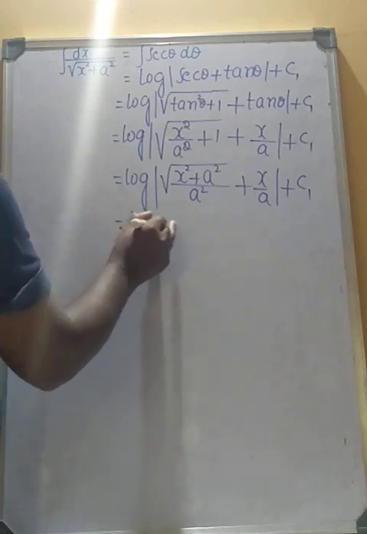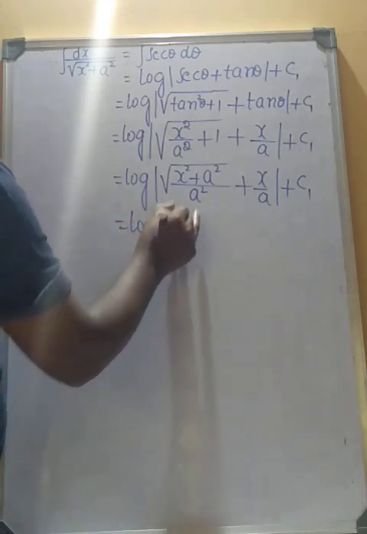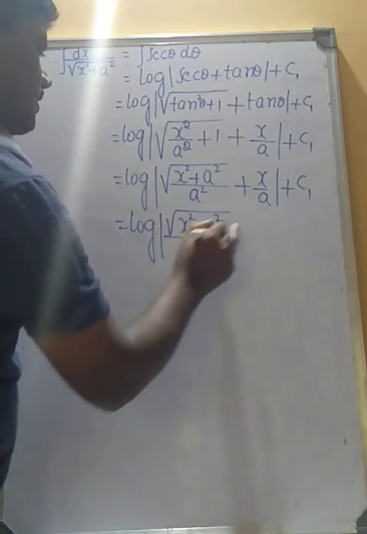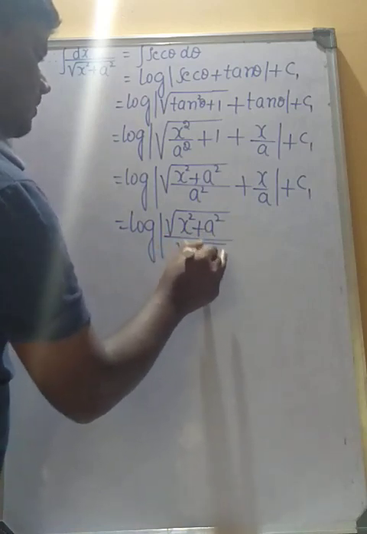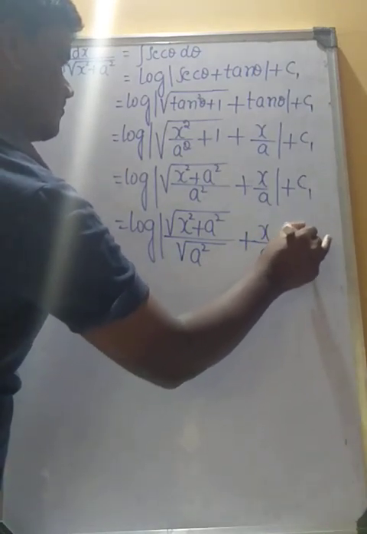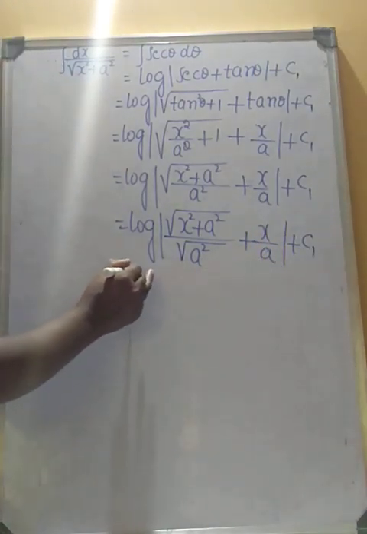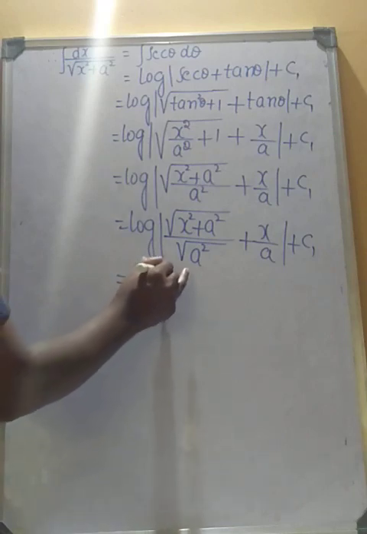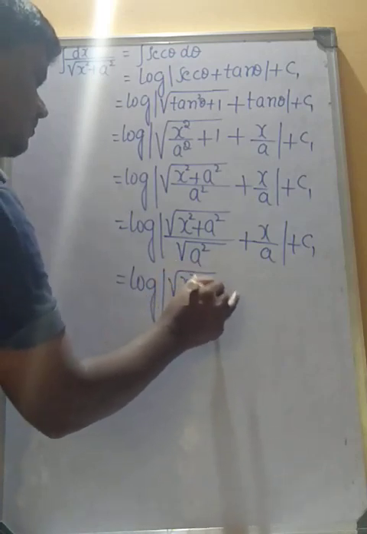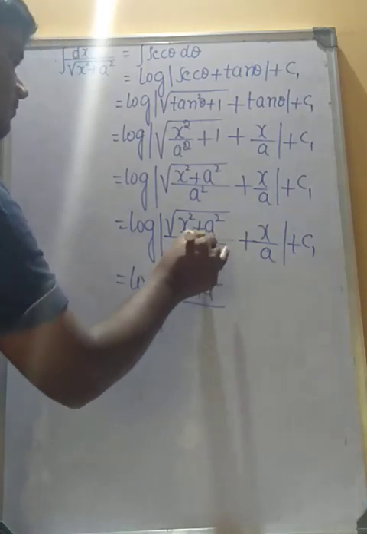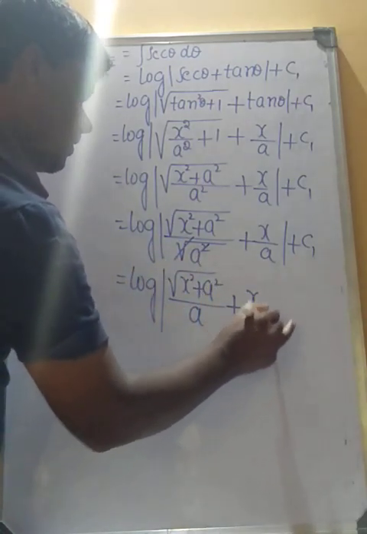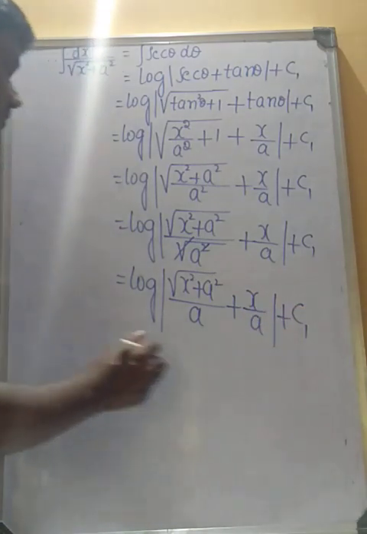That is equal to log of mod root of x square plus a square dividing by root of a square, plus x by a, plus c1. Equals log of mod root of x square plus a square dividing by a, with the square and root cancelling, plus x by a, plus c1.